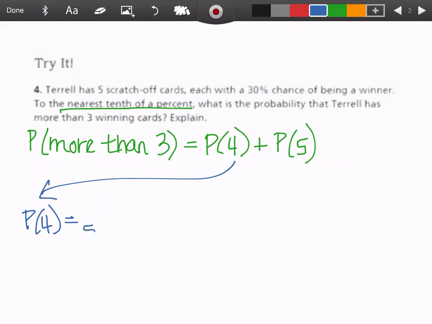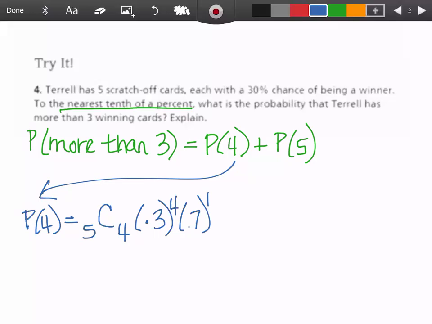So we have 5 combination 4, times 0.3 raised to the 4th because we're hoping we have 4 winners, and then 0.7 raised to the 1st. If there's 4 winners, then there's only going to be 1 losing card.